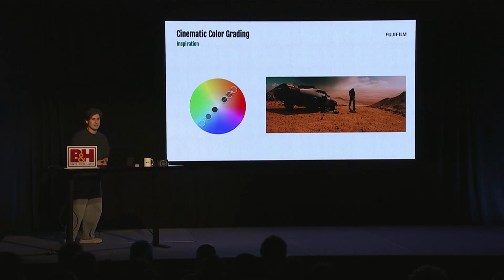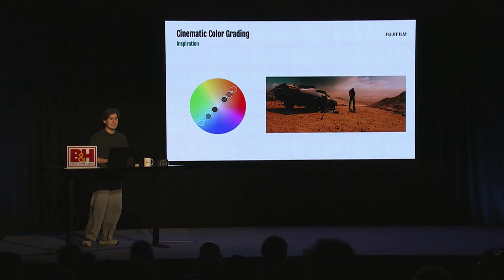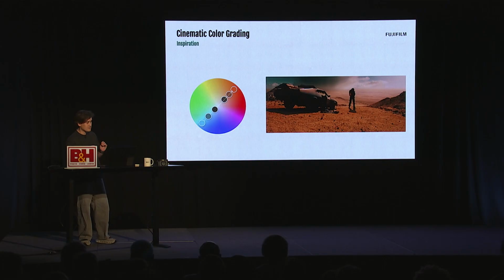We're going to hop right into a little bit about cinematic color grading. I want to talk a little bit about my photography journey when I first started. I was a software engineer coming out of college, and I picked up photography to be my creative hobby. When I first started, I just color balanced everything, was very technical, and coloring an image like this teal and orange was not something I thought I would ever do.